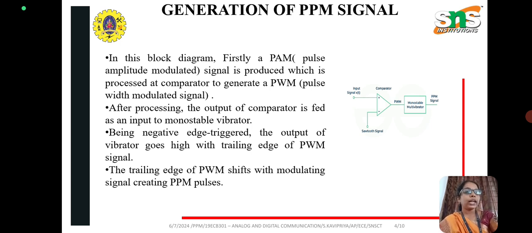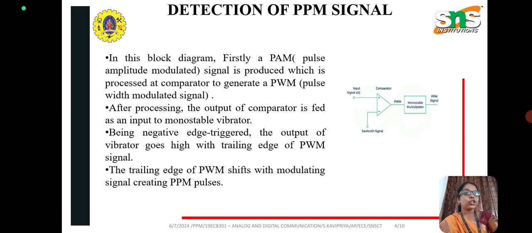Being negative edge triggered, the output of the multivibrator goes high with the trailing edge of the pulse width modulated signal. The trailing edge of this pulse width modulated signal shifts with the modulating signal, creating the pulse position modulated pulses.